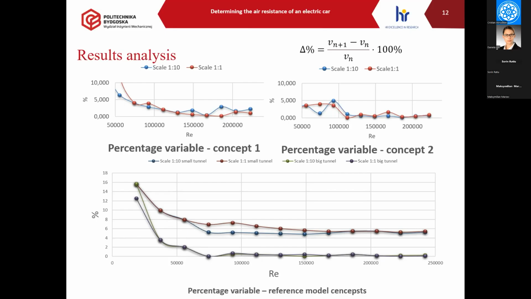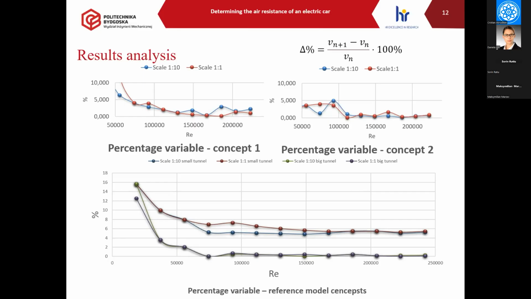The results of the numerical simulations carried out for the cylinder model were reproducible, and the differences between successive measurement points were less than 1% for both scale 1-to-1 and scale 1-to-10. Conducting analysis for a reference cylinder model with the same boundary conditions as for the concepts resulted in a 5% deviation from the literature values for both the scaled and one-to-one models.